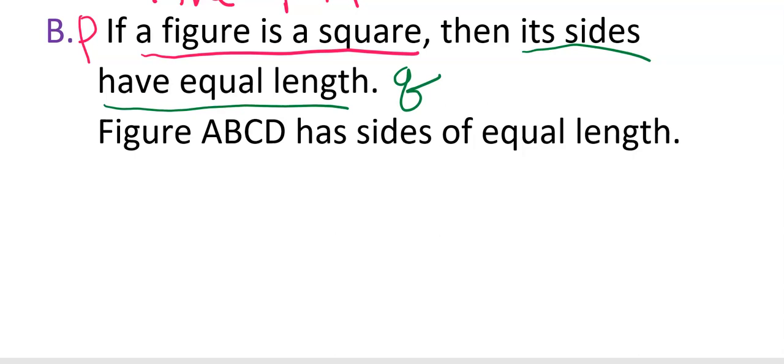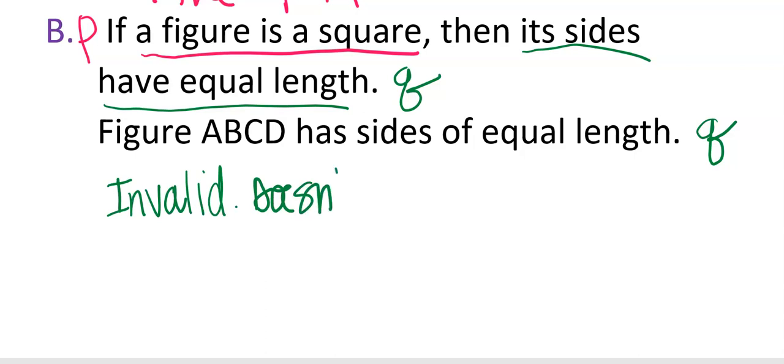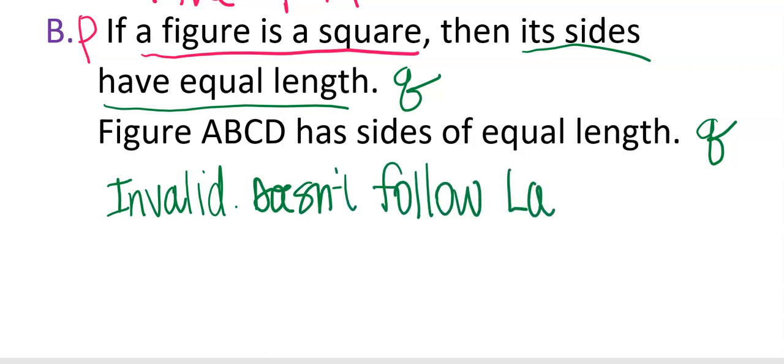What part does that go with, P or Q? And is that the correct order? No. No. So we're going to say invalid. Doesn't follow law of detachment.